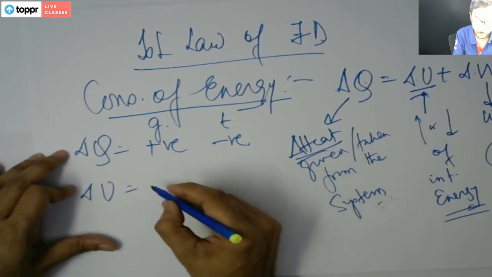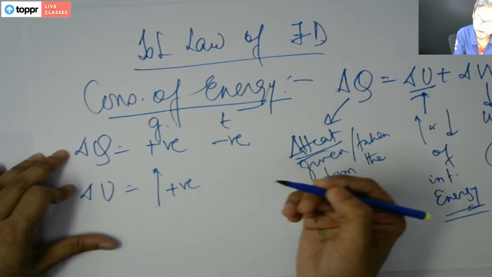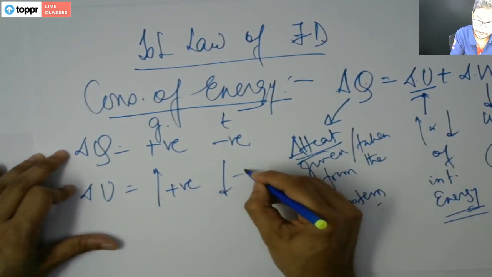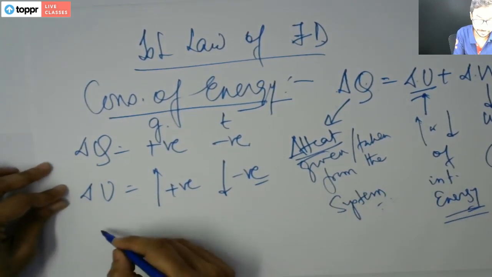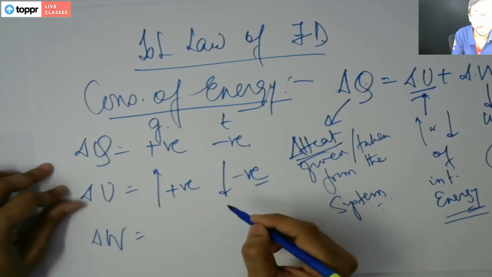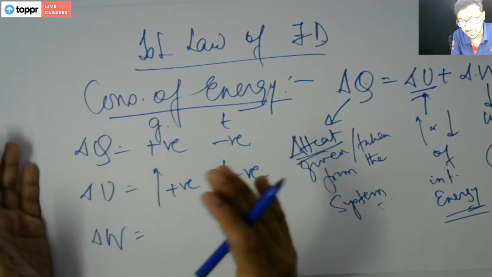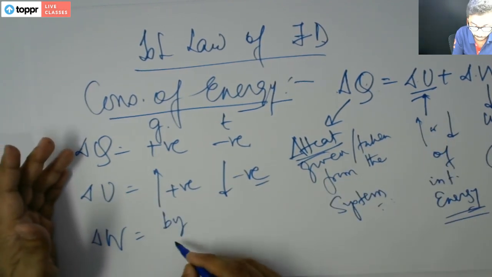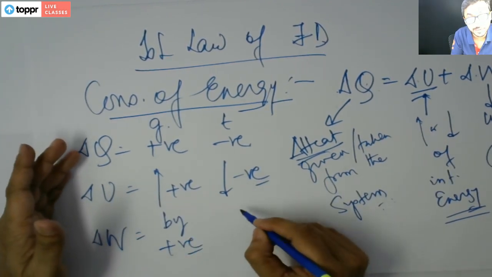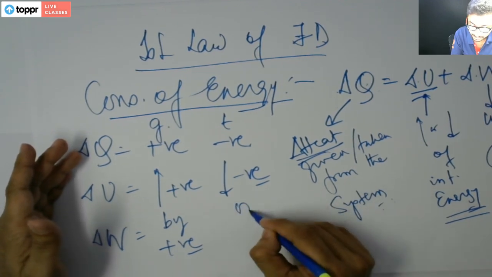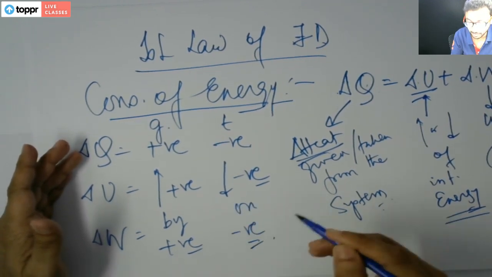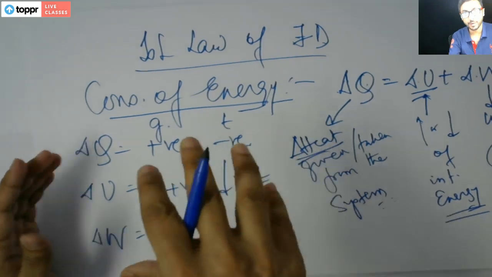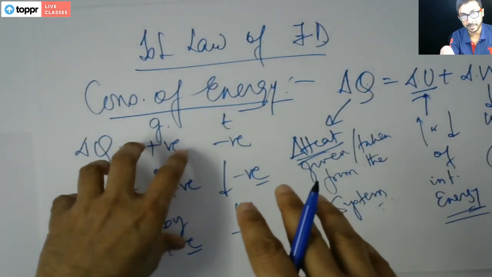Del U, when it is increasing, will be positive, and when it is decreasing, negative. Then del W: when the work is done by the system, it is positive, and on the system, it is negative. So negative work means we are doing work on the system.